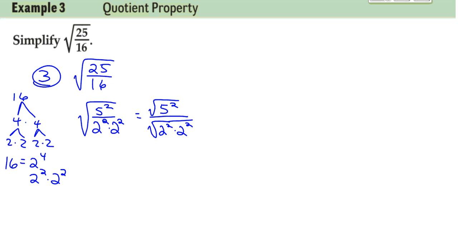Notice I took the big radical over that whole thing, and I changed it into a radical on the top and the bottom. If you look at your key terms page, you'll see that that is something that we can do. And then when I simplify that further, the square root of 5 squared is just 5, and the square root of 2 squared times the square root of 2 squared on the bottom.